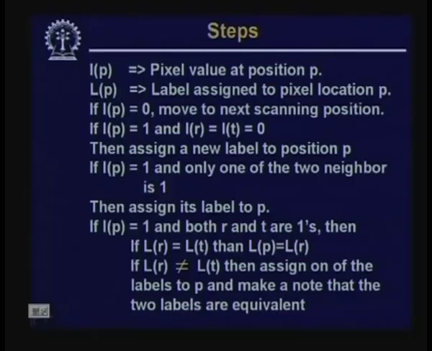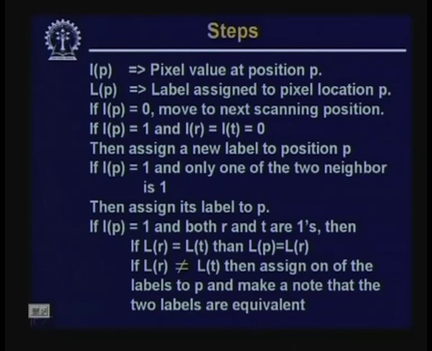I move to the next point following the same scanning order. But if the intensity at point P is equal to 1, then I have to label that point.